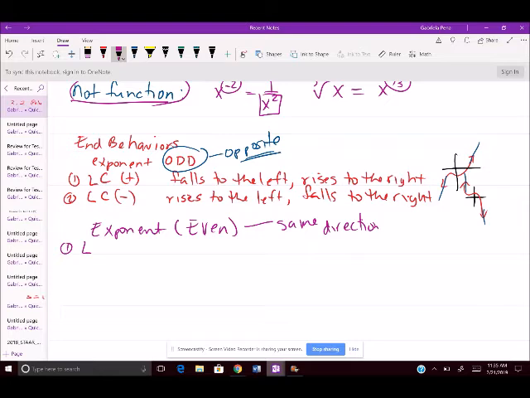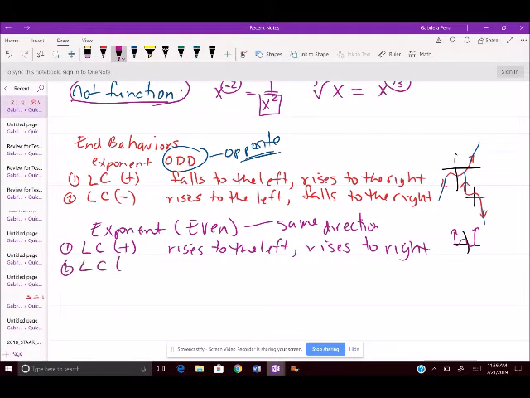So first thing is if your leading coefficient is positive, it rises to the left and rises to the right. They both go up because it's positive. So if I were to do a little sketch, the graph goes like this. Goes up and goes up.